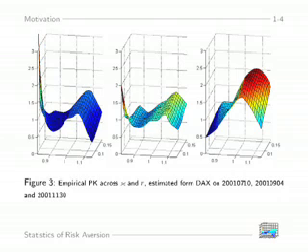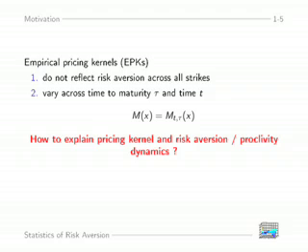The question we ask again is what happens if we change everything over time. Here again is the empirical pricing kernel estimated from DAX data in July, September, and November 2001. And you see again that the risk proclivity region between 0.9 and 1 is there for long maturities, for short maturities, and across time.